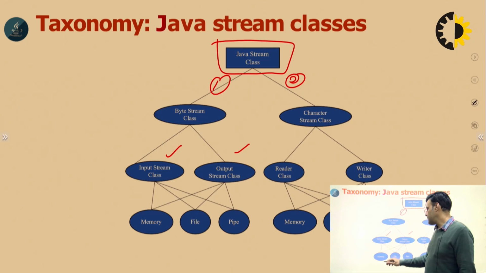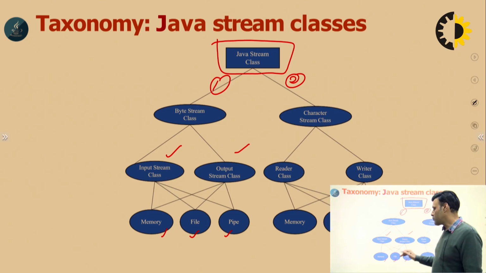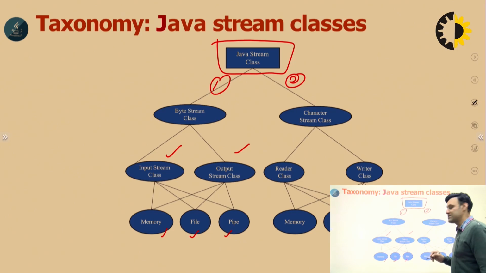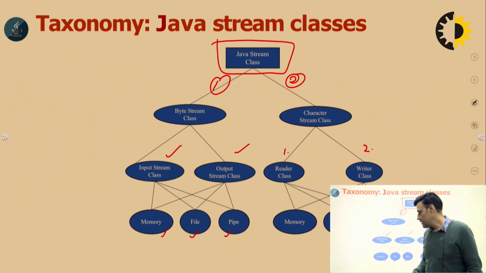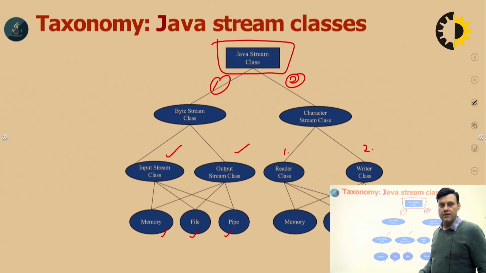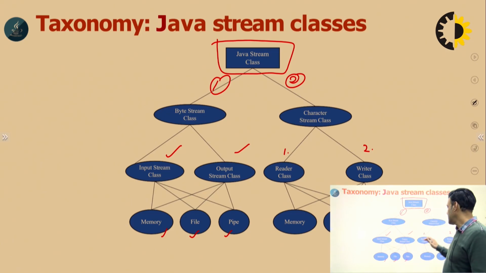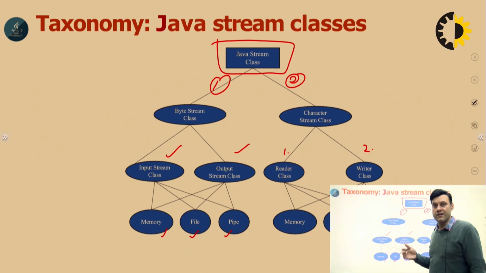Input stream reads from memory, from a file, from a pipe, from one network to another network, and output stream writes to memory, to a file, to a pipe. For the character stream, similarly, there are two classes, the reader class and the writer class. The reader class reads from a memory location or from a file, and we can read from one file and write to another file character by character. So we use the input stream and output stream classes with byte streams, and under the character stream we have the subclasses reader class and writer class.